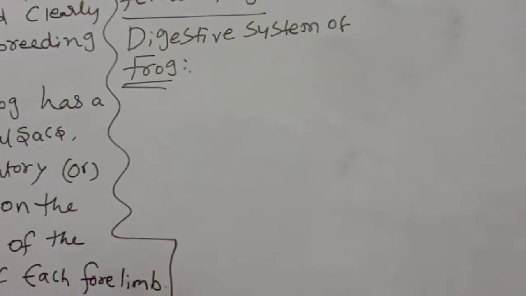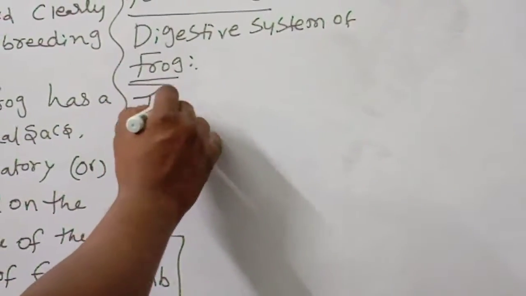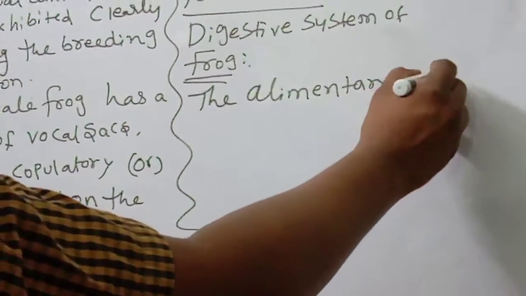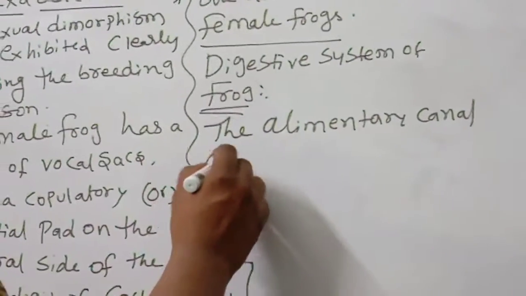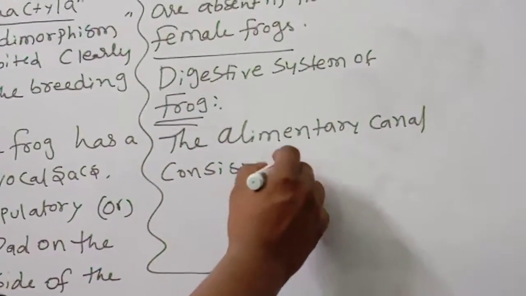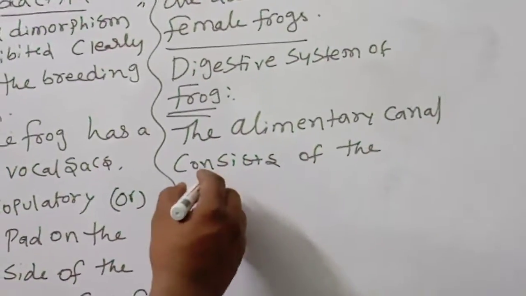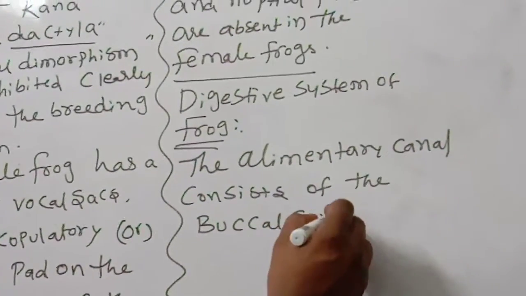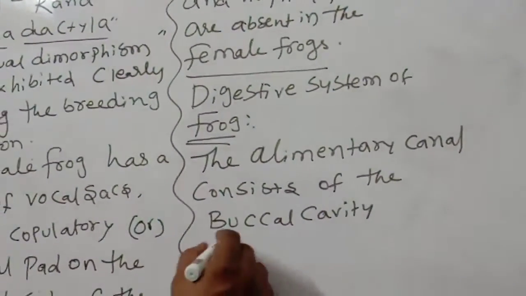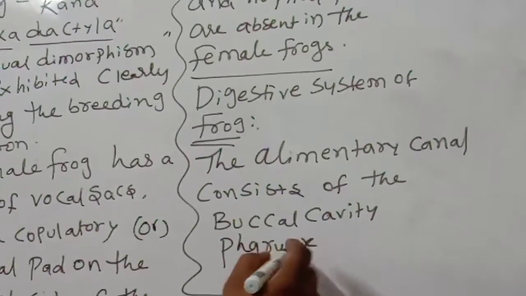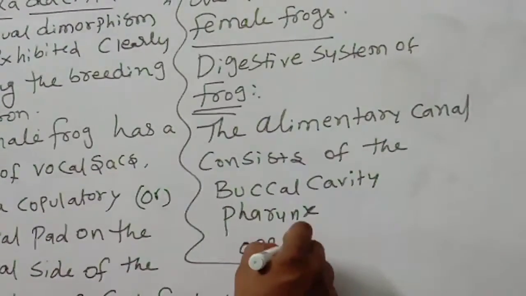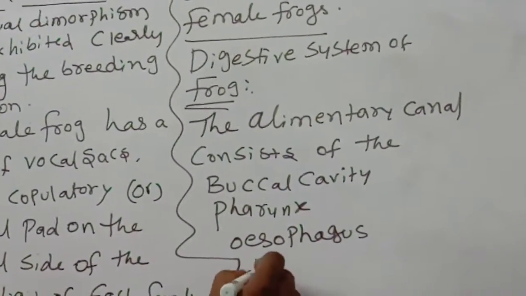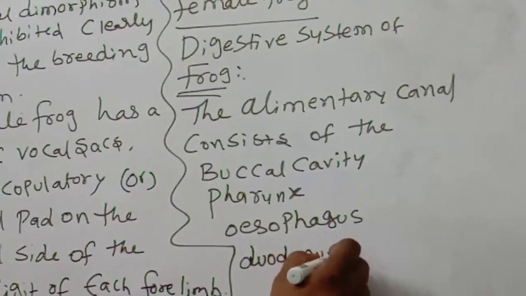Okay, the digestive system, the alimentary canal. The alimentary canal consists of the buccal cavity, number one, and pharynx. Next, esophagus. Next, duodenum. Next, ileum.